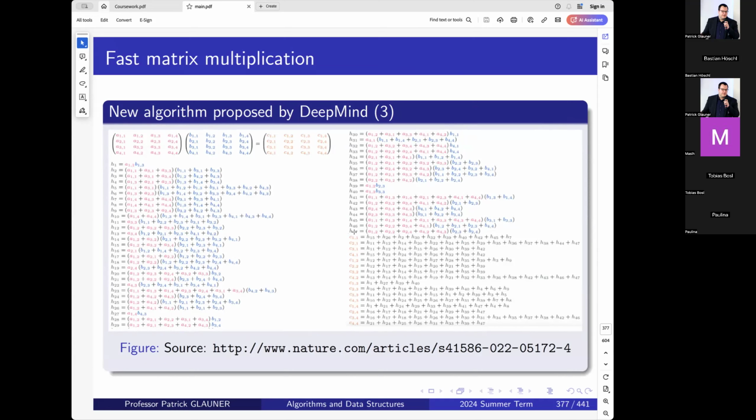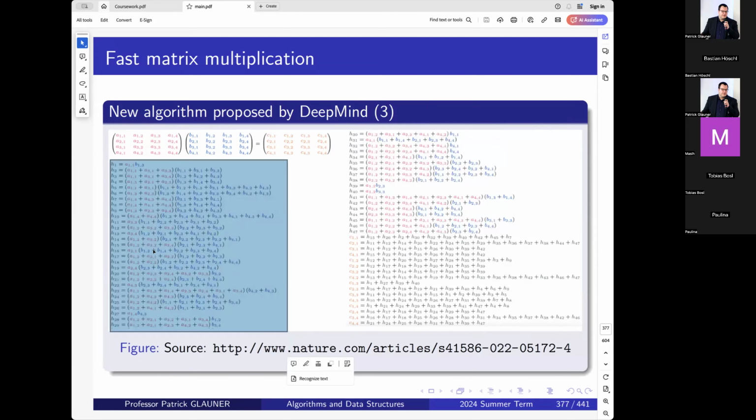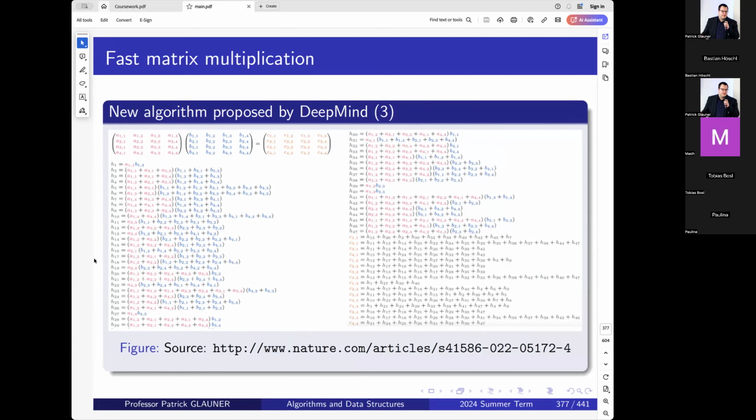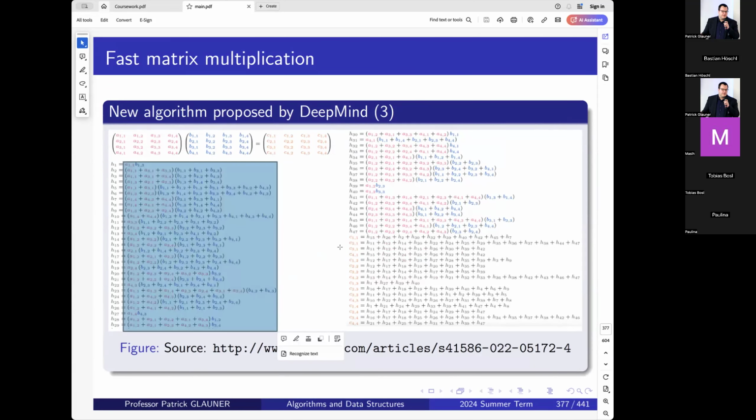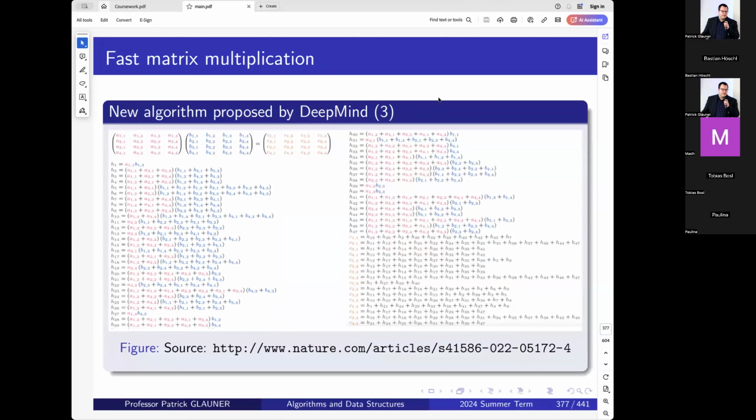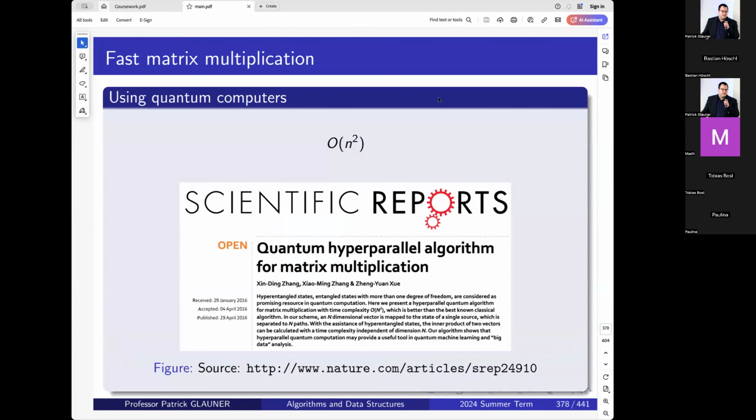Yes, they come with 47 multiplications, not with 49, but it's certainly far more difficult to look into this than the Strassen algorithm. So you don't need to remember this by heart or to prove that it's correct. This was done by others. We don't need to do this, but we see we have far more auxiliary matrices, and it's far more complex to calculate the final blocks, but it leads to an improvement. So this is how AI is impacting matrix multiplication.